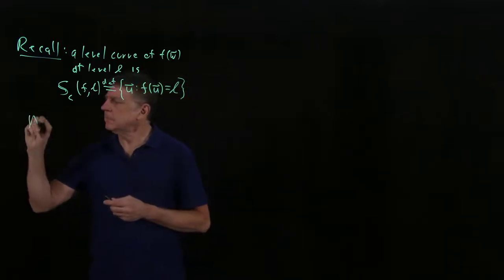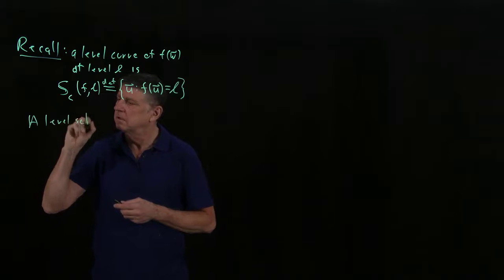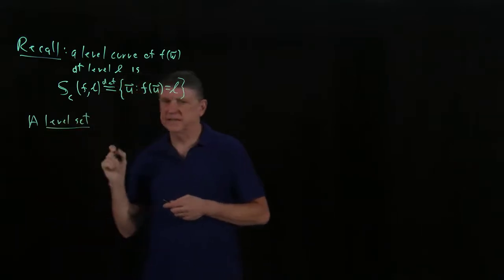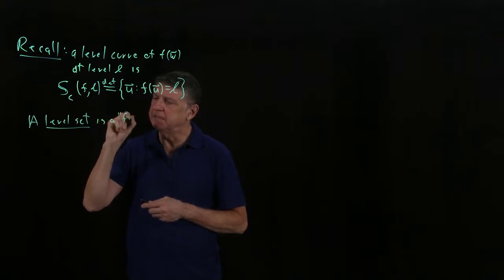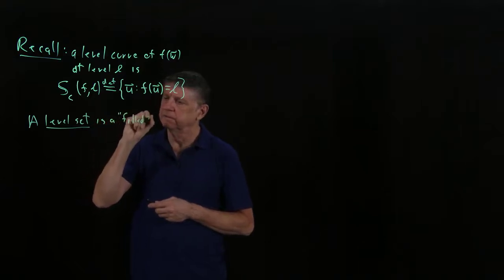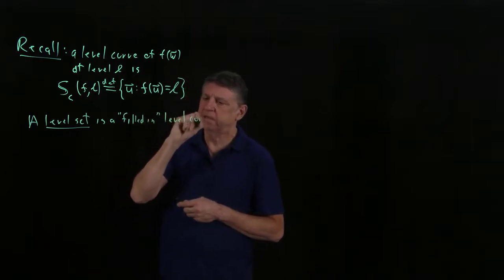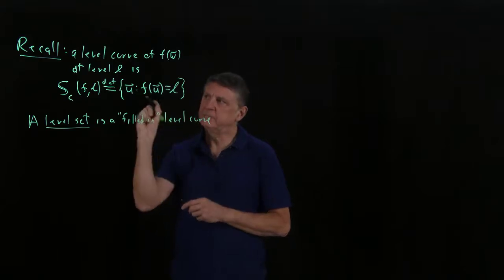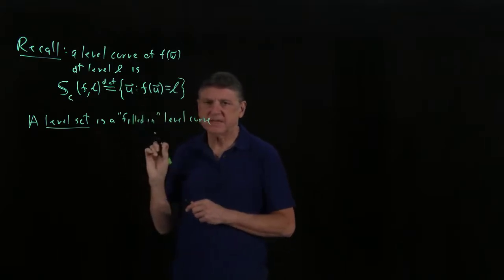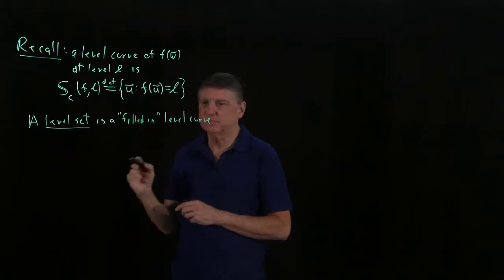And we can think of a level set as a filled-in level curve. And the definition is really similar. So let's take care, because when things look the same, we have to pay attention to those small differences.